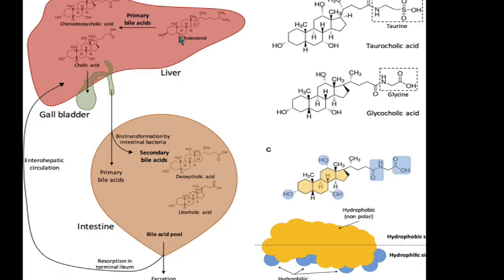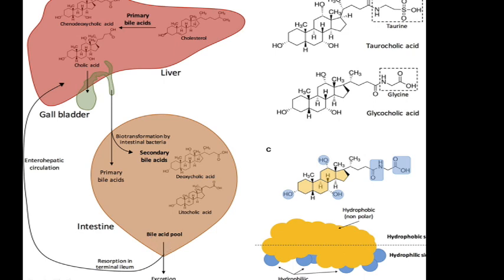In this diagram again you can appreciate how the bile salts form. Here in the liver, bile acid is formed from the cholesterol, that is the primary bile acid, cholic acid and chenodeoxycholic acid, and this primary bile acid enters into the intestine, and in the intestine, because of the bacteria, there is a biotransformation of the primary bile acid into secondary bile acid.